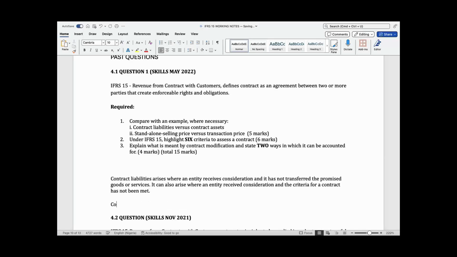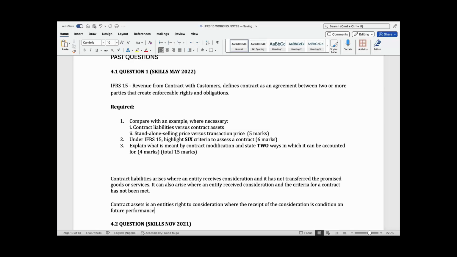But contract assets is an entity's right to consideration where the receipt of the consideration is conditional on future performance.